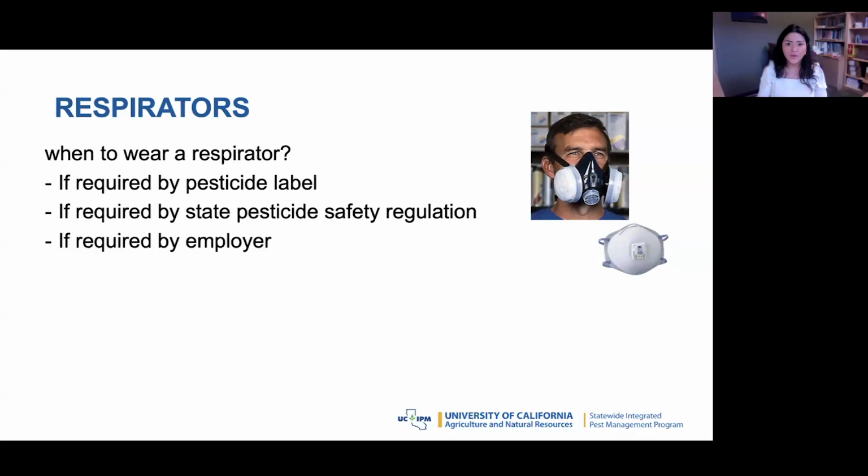If it's a voluntary provision, where the person wants to wear a respirator because they want an extra layer of protection, they need to keep in mind that respirators have to be fitted because they need to be sealed around the mouth, right?